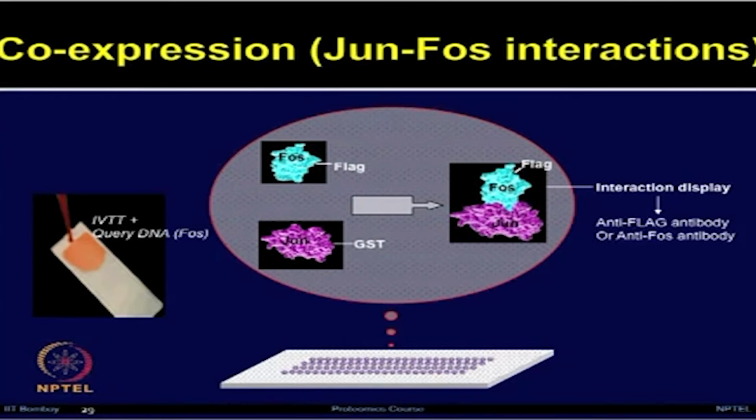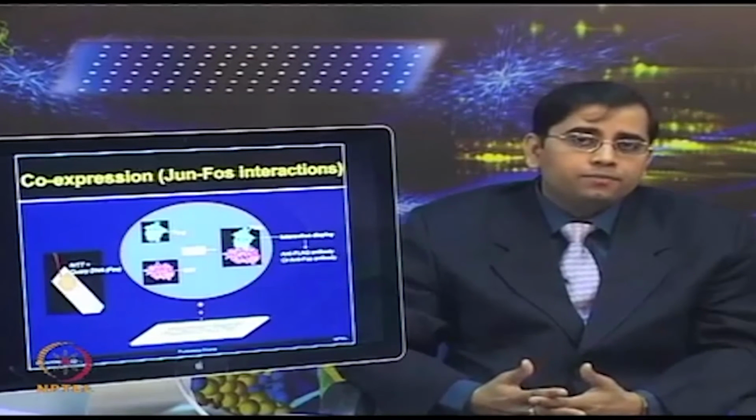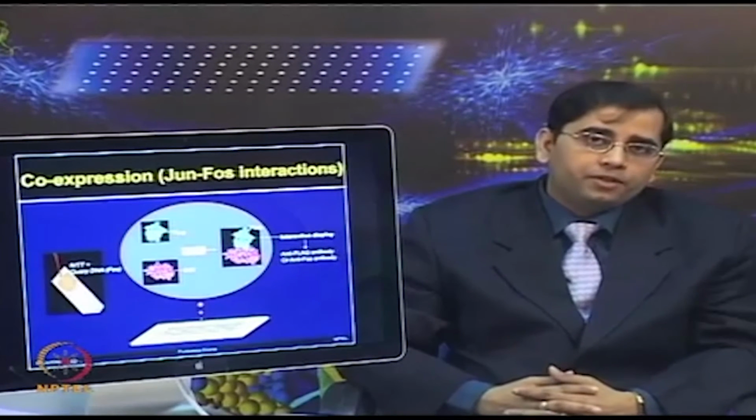Now, you want to study the interaction. For that, you have to purify a protein and use that as an interactor. You can use either a protein specific antibody to identify the interaction, or a tag specific antibody for detecting the interaction. But in this study, authors used co-expression.